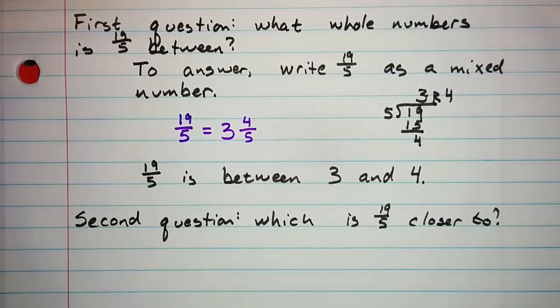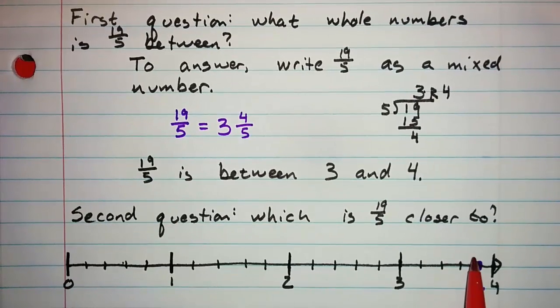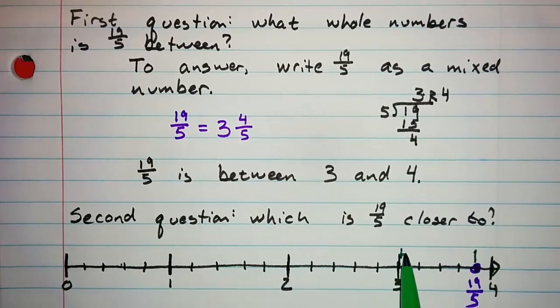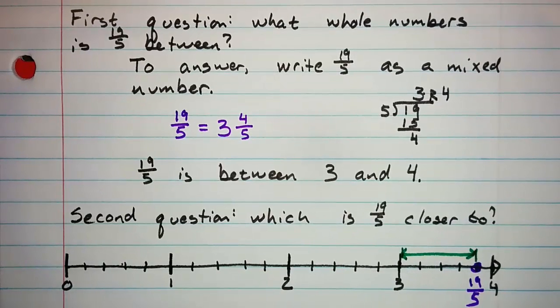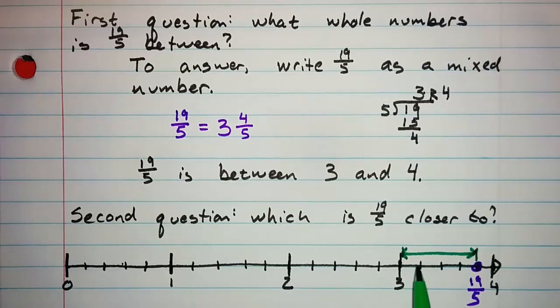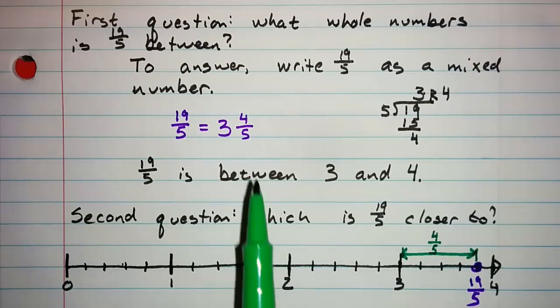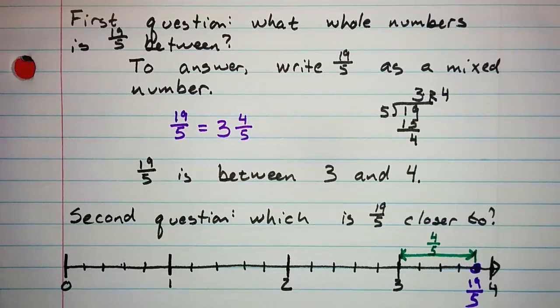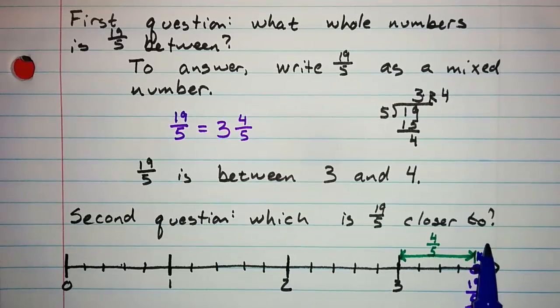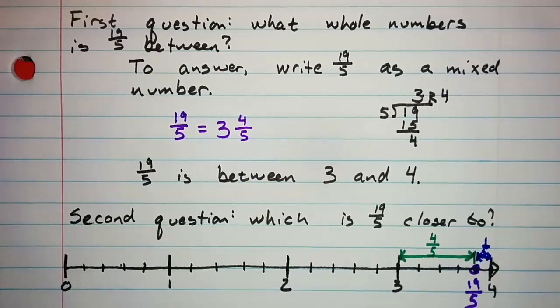Let's look at that picture again. The distance between my 19/5 and 3 is 1, 2, 3, 4/5. This is the fraction part of this mixed number. Meanwhile, the distance between my 19/5 and 4 is 1/5.